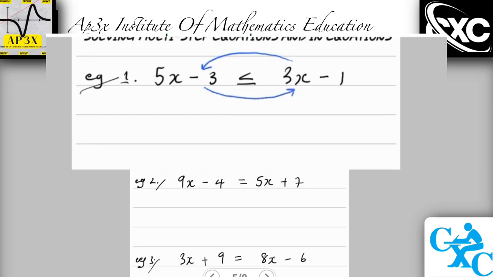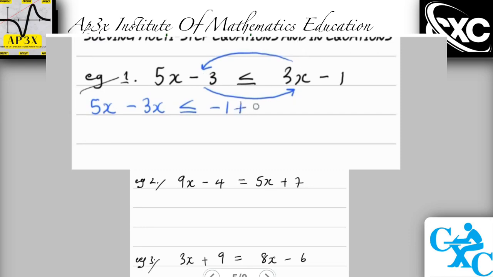I'm going to be double transposing. So I end up with 5x, the positive 3x comes over and becomes minus 3x, less than or equal to negative 1, which was already on the right side, and I bring negative 3 all the way over as a positive 3.